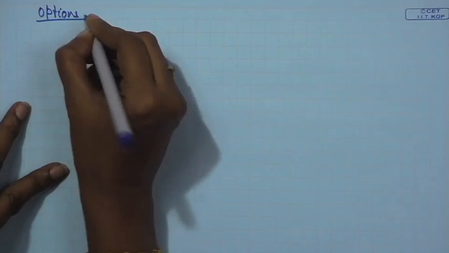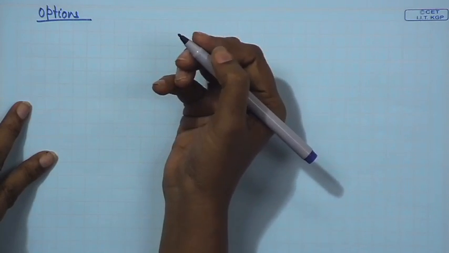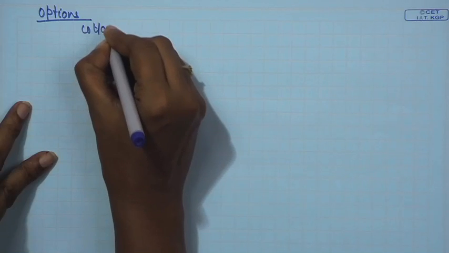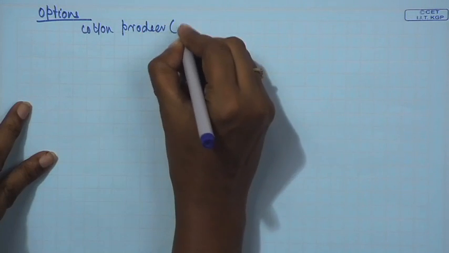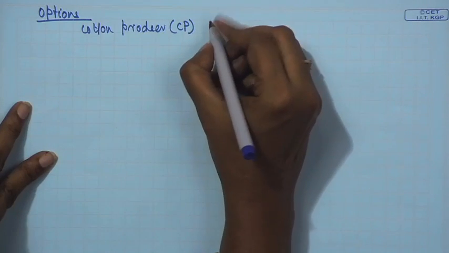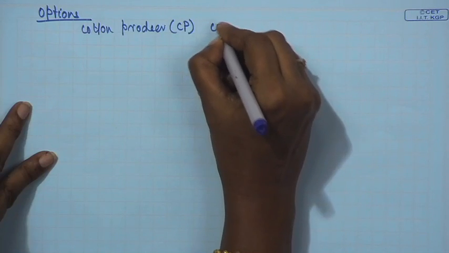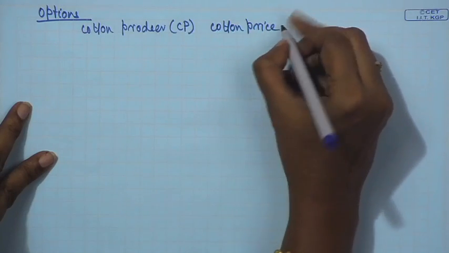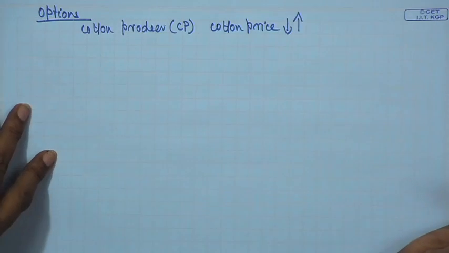Now let's go to our understanding of options. When a trader takes a long call, long put, short call or short put option, let's say a cotton producer, CP, fears that the cotton price is going to be volatile. It may go down, may go up, he is not very sure of it.